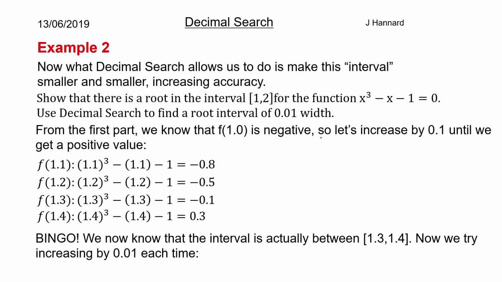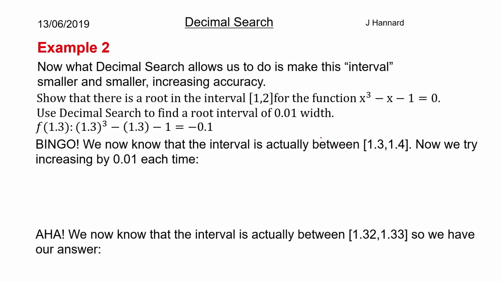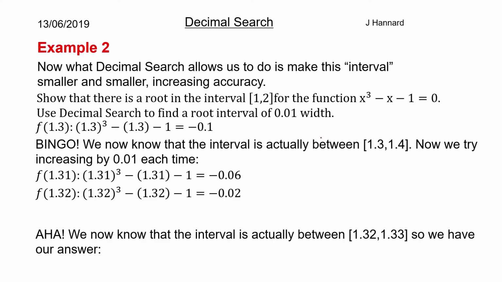So this time we'll increase by 0.01 each time from 1.3. So let's do that here. Spoiler alert, everyone, don't read the bottom. F of 1.31, we stick that in and get minus 0.06. F of 1.32, we get minus 0.02. And F of 1.33, we get 0.02.